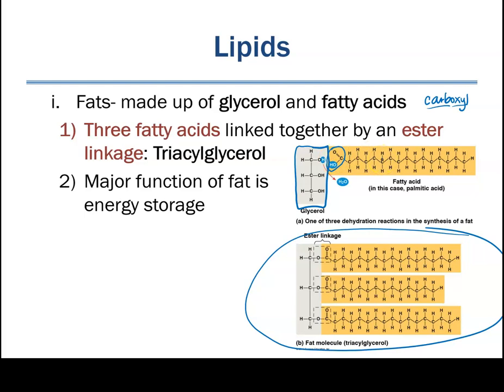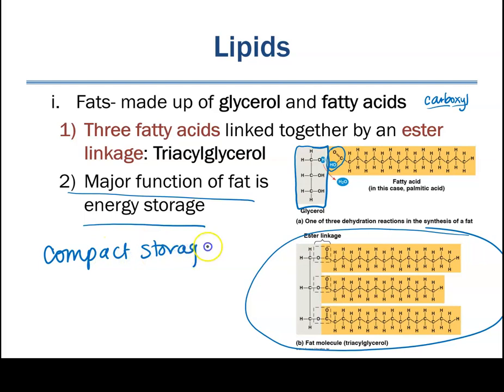chain. Now, you know that the major function of fat is energy storage. So if you bring in too many calories, too much energy into your diet, your body is going to store it as fat. The reason that your body stores energy as fat is that it's really compact storage. And the reason that animals in particular store a lot of fat is that we have to move around.